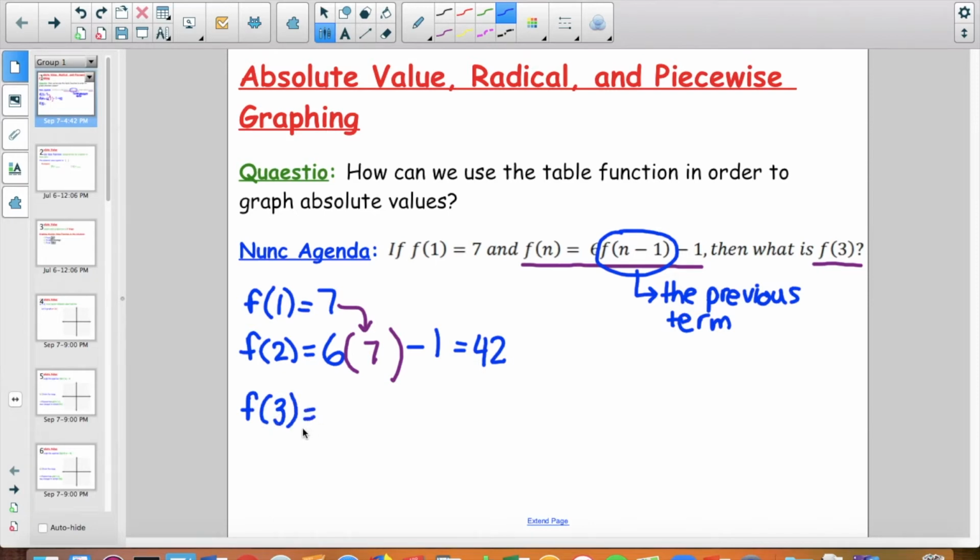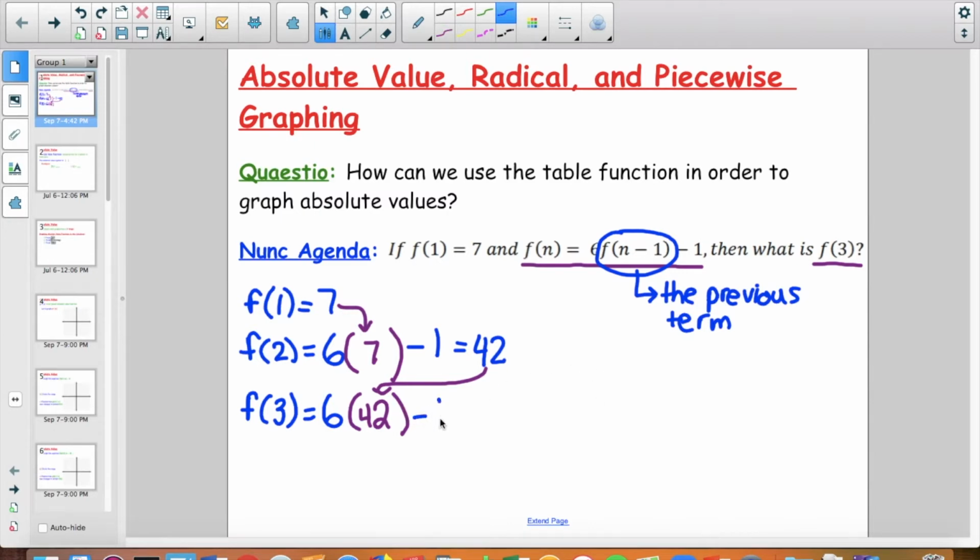To find f of 3, we use the same exact rule, but now n is 3. So we have 6 times the previous term. Now the previous term is no longer 7. The term before f of 3 is f of 2. So 42 is now going to go in that parentheses.